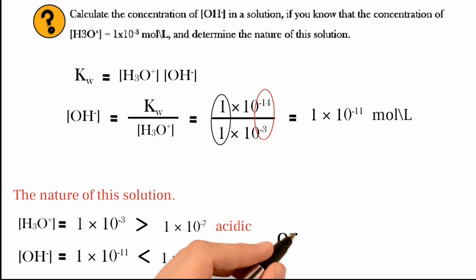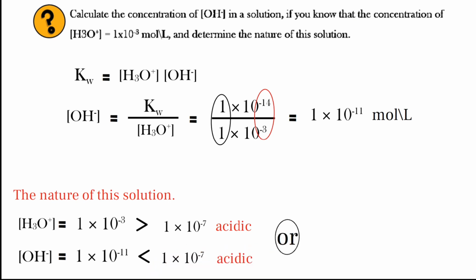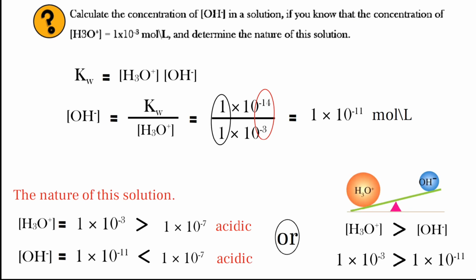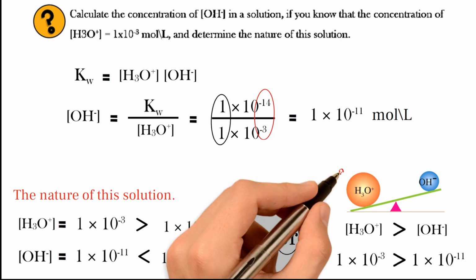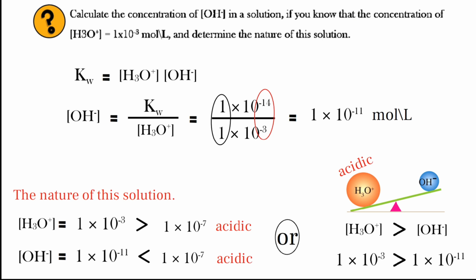Or we can compare the concentration of H3O+ and OH- ions, where, as we can see, the concentration of H3O+ ions is greater than the concentration of OH-, and this confirms what we have concluded, that the nature of this solution is acidic.